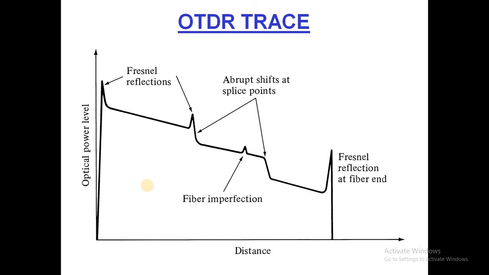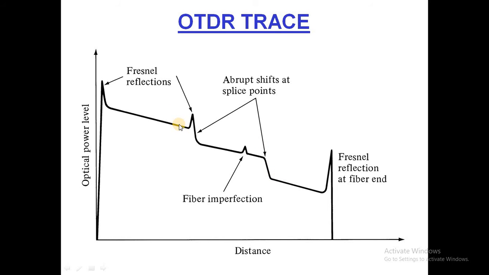So this is the OTDR trace, in terms of optical power level. Here you can see the Fresnel reflection. There will be a very sharp spike in that reflection. Then abrupt shifts at the splice points. At the splice points there will be a power loss.